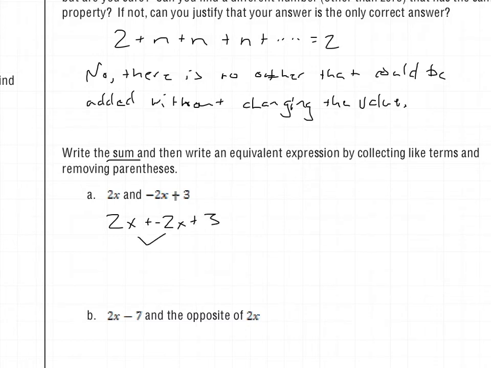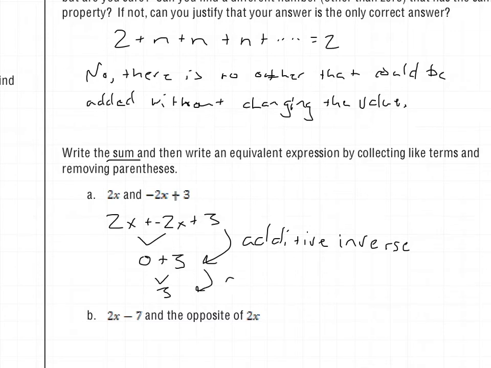So combining like terms, 2x plus negative 2x, those are additive inverses. And then when we add 0 plus 3, that's 3. So additive inverse leads us to additive identity.